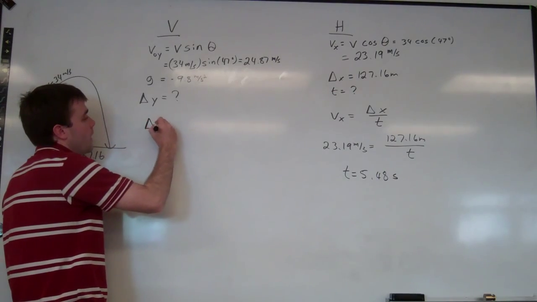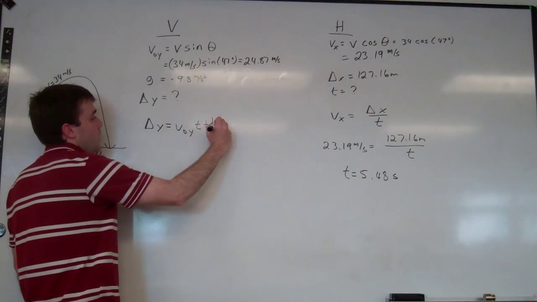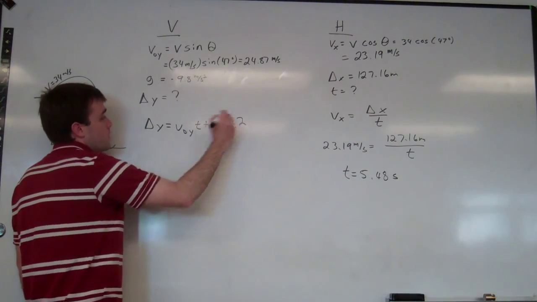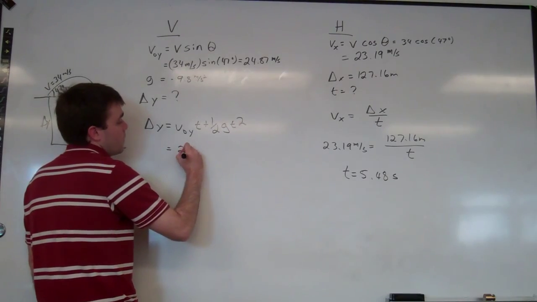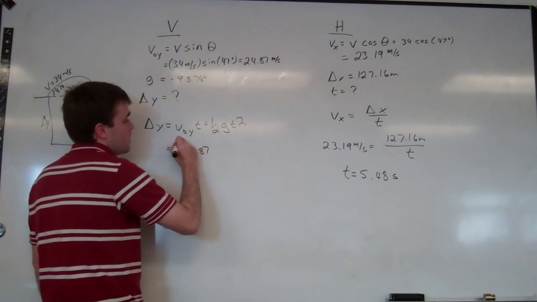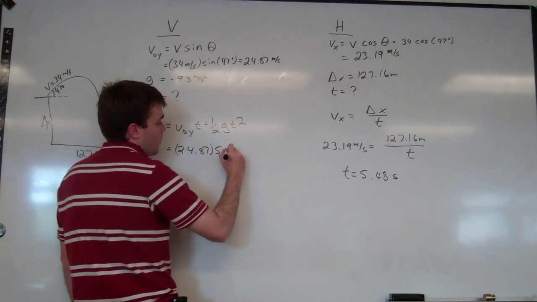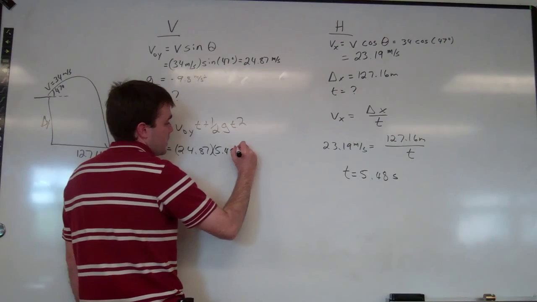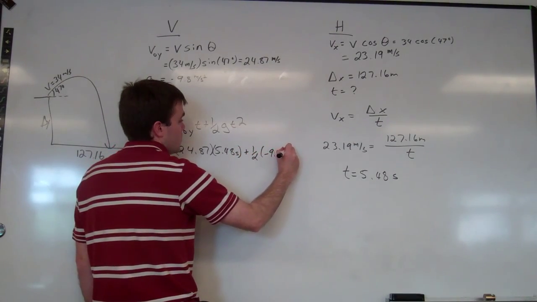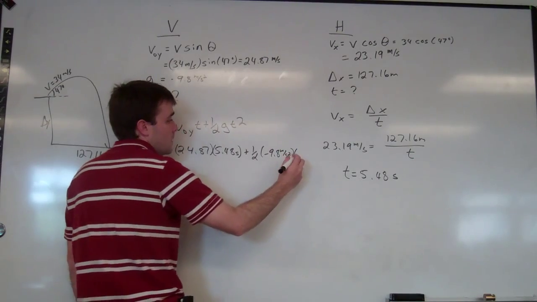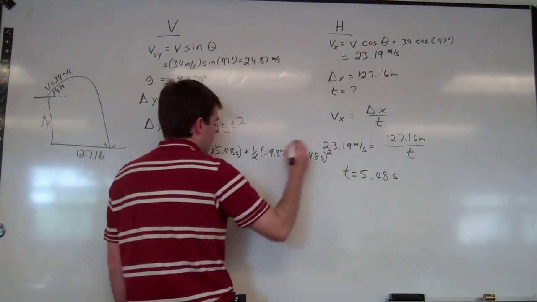We're going to do delta y equals V0y t plus 1/2 g t squared. End up with 24.87 times 5.48 seconds plus 1/2 times negative 9.8 meters per second squared times 5.48 seconds squared.